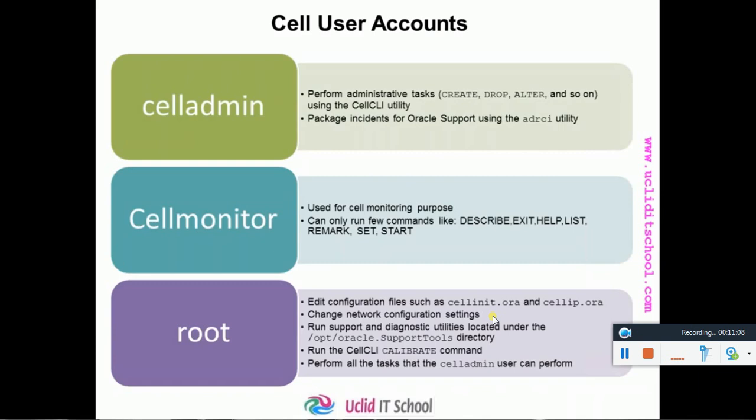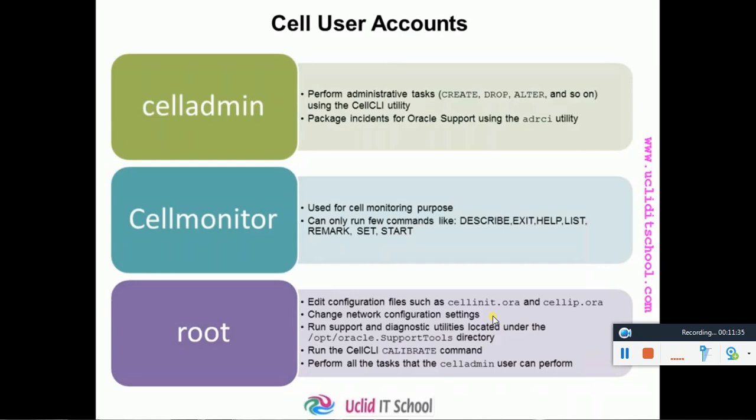Like a database has objects in the form of tables, views, sequences, synonyms, tablespaces, a cell also has the concept of objects. For example, the cell itself is an object. LUN is an object. Physical disk is an object. Cell disk is an object.